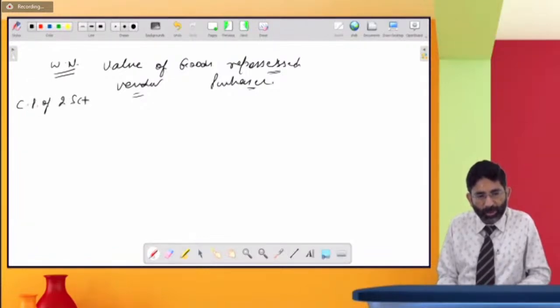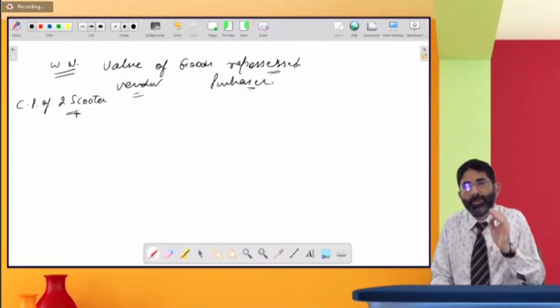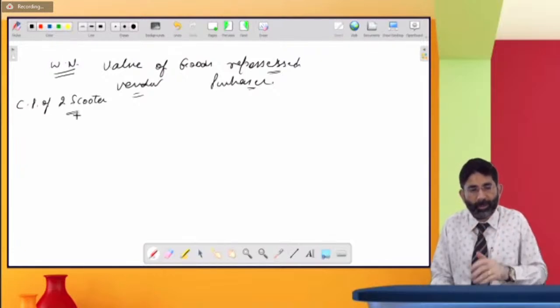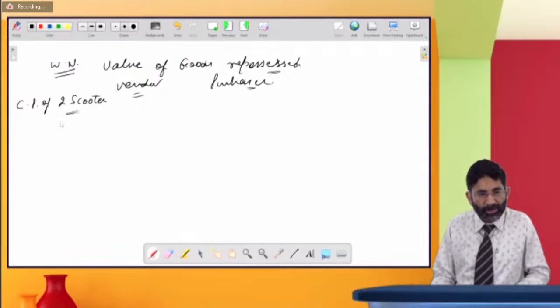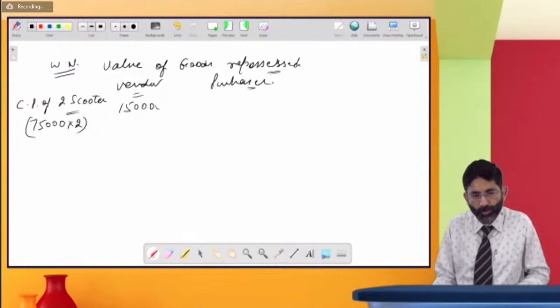Depreciation is always charged, or valuation is always made, on the basis of cash price, not on the payment made with interest, because interest is a period expense that will be written off. So cash price of two scooters is 75,000 into 2. It is 1,50,000 for both of them. It is same for both of them. There's no worry.